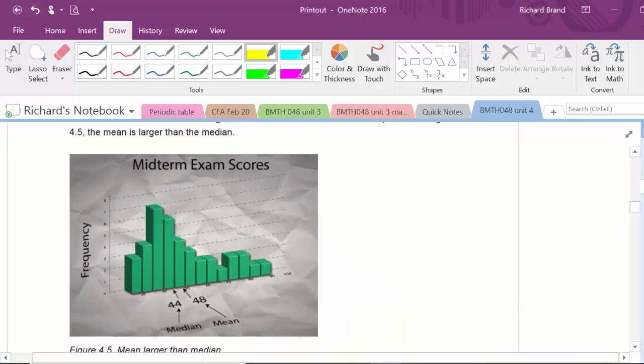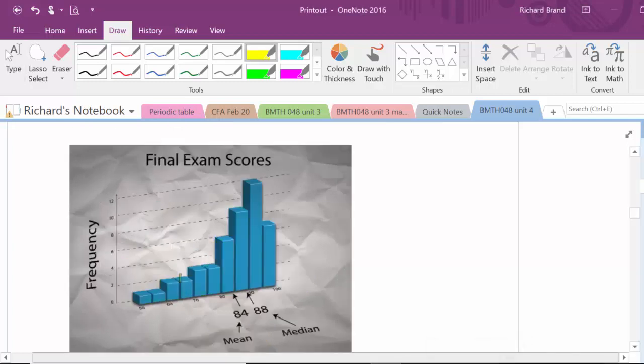Here is another distribution where the mean is bigger than the median, and that's because you've got a lot of, I guess I wouldn't call them outliers, but values in the ranking that have high scores, and that sort of impacts the balance of your distribution, pulling your mean out towards the tail of the distribution.